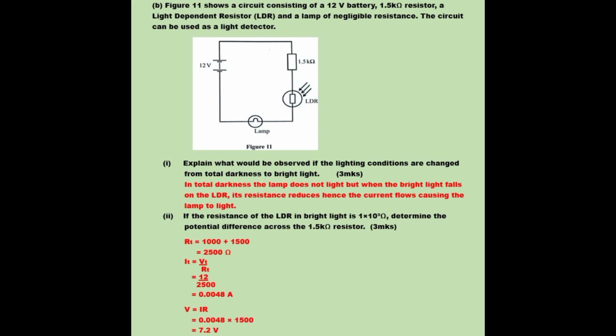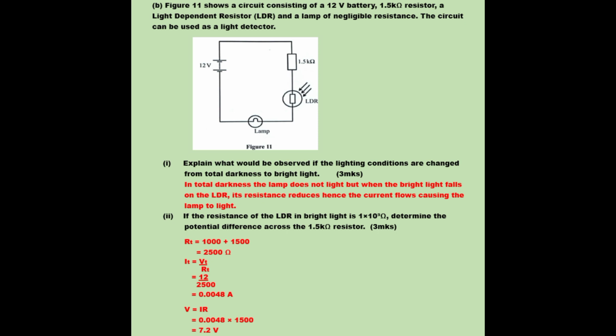If you want potential difference, V equals IR. So you must know which current is passing through the 1.5 kilo ohm resistor. The three are in series, the lamp, LDR, and 1.5 kilo ohm.